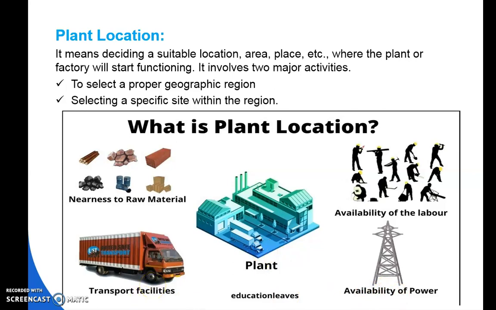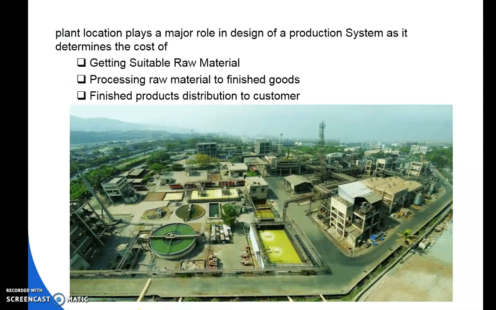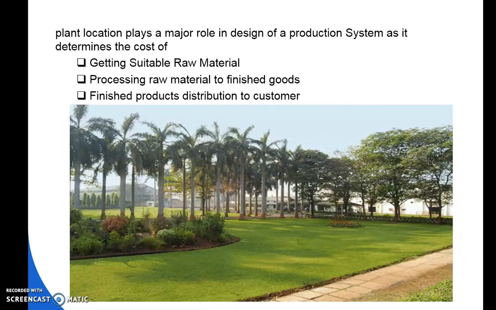These are the 5 vital points required for plant location for the construction of an industry. Now we have seen that for making a plant location, these are the things that should be required.